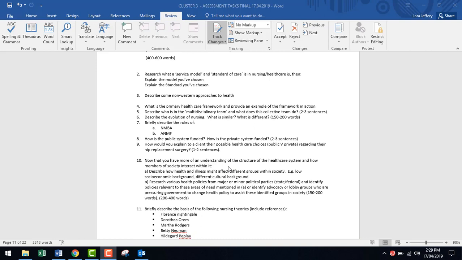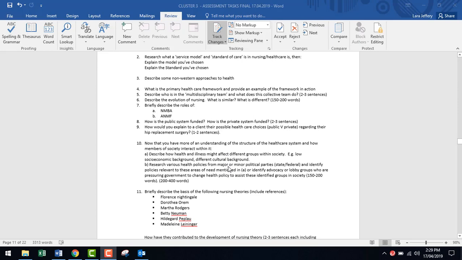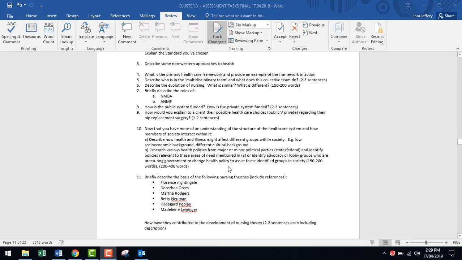Number 10, okay, now that you have more of an understanding of the structure of the healthcare system and how members of society interact with it, we want you to describe how health and illness might affect different groups in society. So how does illness affect people from a low socioeconomic background, and how does health and illness affect somebody who comes from a different cultural background?